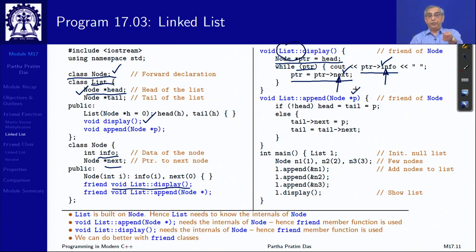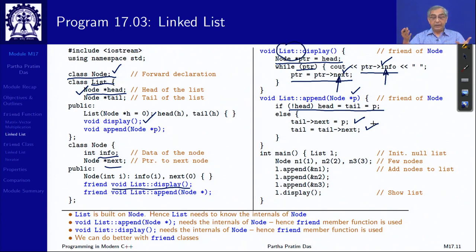I am given a node pointer P and have to append it to the list. I put tail pointer next as P and P's next as tail. This will insert. So, I have made this also a friend of node.